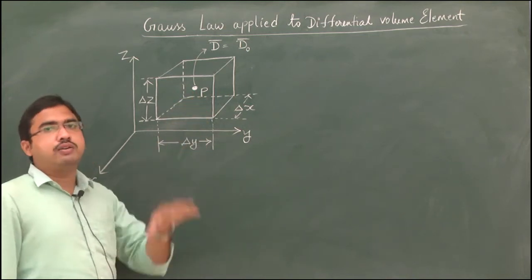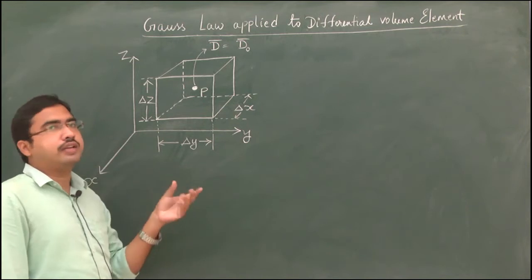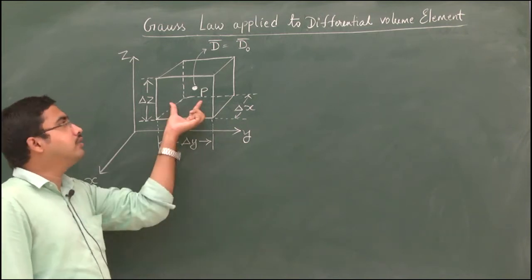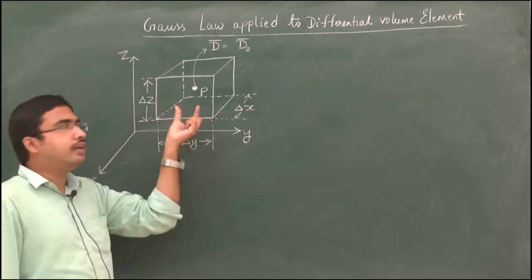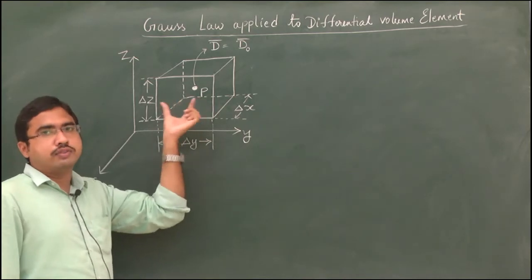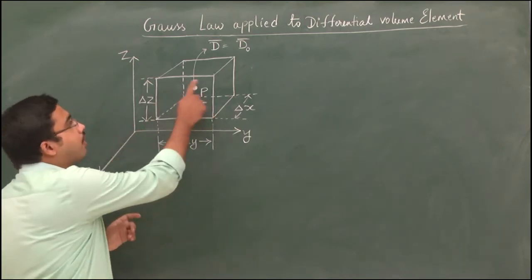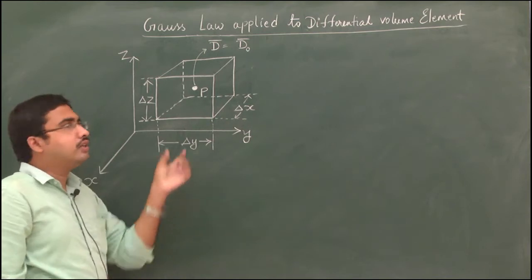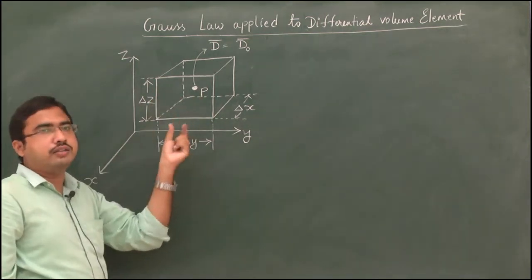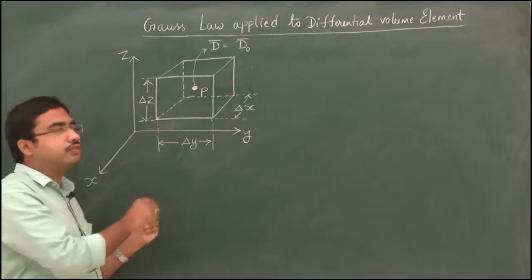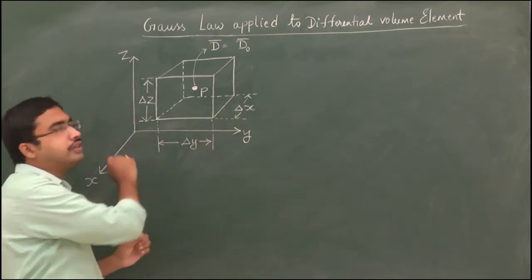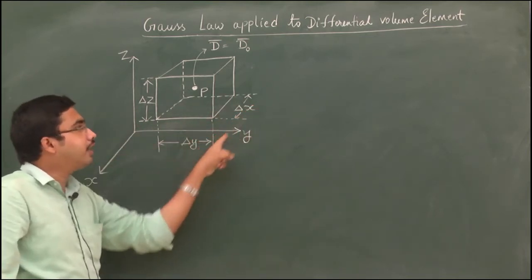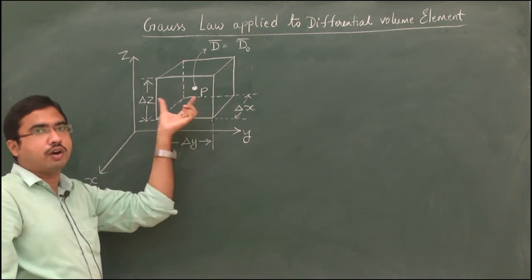In that complete Gaussian surface, instead of taking the complete surface, I am taking only a small differential rectangular volume of the surface. This is the small differential volume of the Gaussian surface that you are considering, whose length, breadth and width are delta x, delta y and delta z. These are the dimensions of this small differential volume.